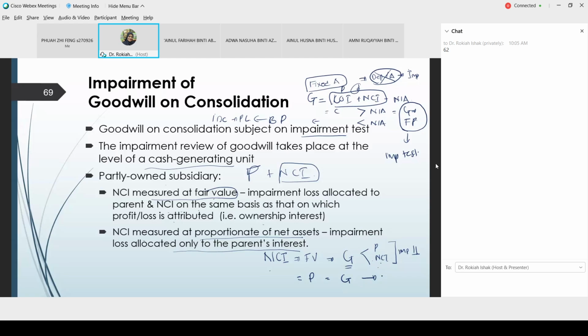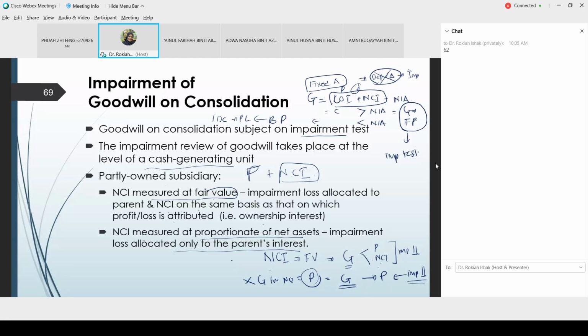The goodwill is only for the parent, so only the parent needs to account for the impairment loss.